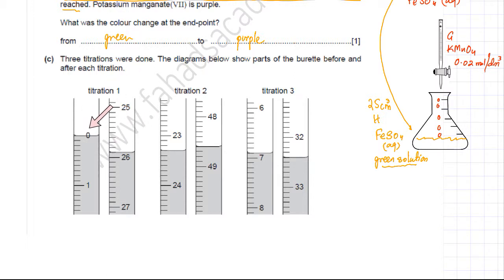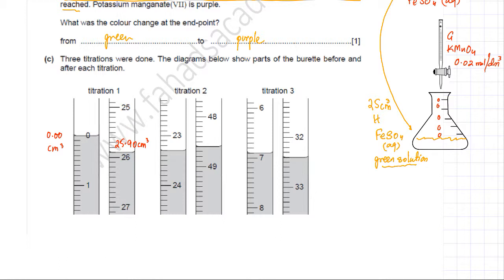The first one is the initial burette reading, which shows that initially the burette was filled up to the 0 cm³ mark, and this is your final burette reading, which is 25.90 cm³. The amount of KMnO4, or G, that's added is going to be the difference between the 2 values.